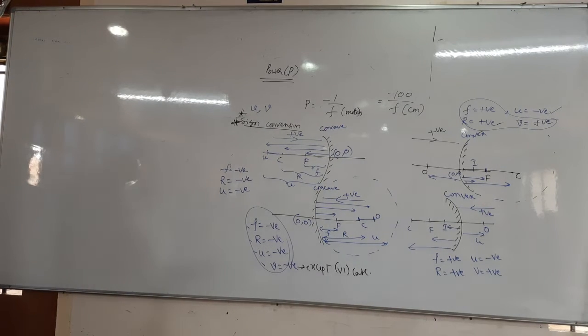Make it fast. Write a note point, a very, very important note. For a concave mirror, object distance U, F and capital R are always negative.